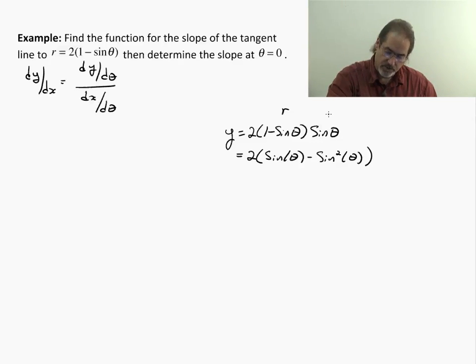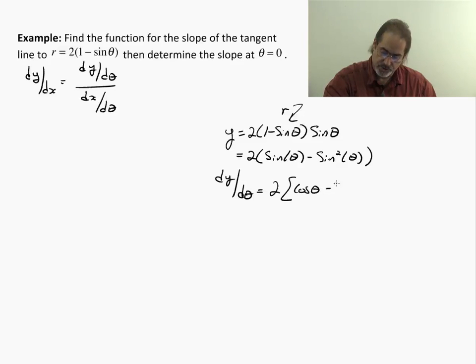Remember, this is r times sine theta. That's the radius. So dy/d theta will be 2 times cosine theta minus 2 sine theta cosine theta. Don't forget the chain rule.